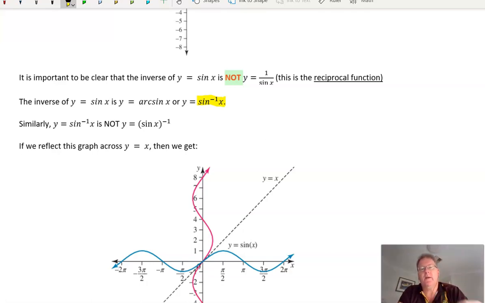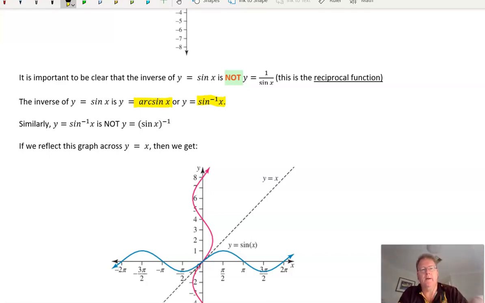But sometimes, because the sine to the -1 can be misinterpreted as the reciprocal, it's quite often given the symbol arc sine. Okay, and so just be aware that those two terms are the same. So arc sine or sine to -1 of x are the inverse functions of sine x.